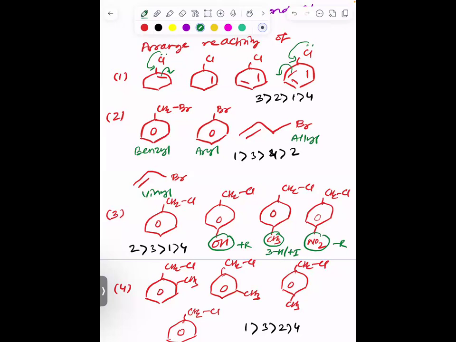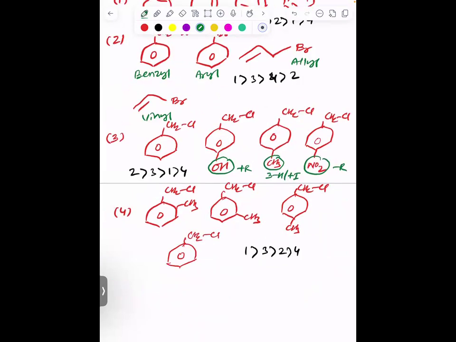Got it? Okay. Now next is 3 hyperconjugative hydrogens.